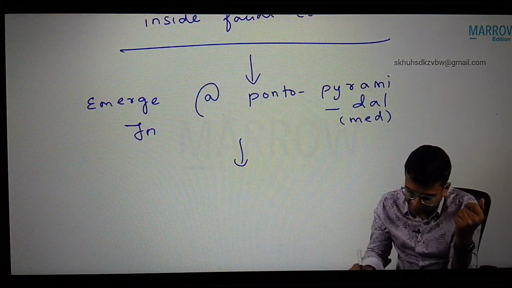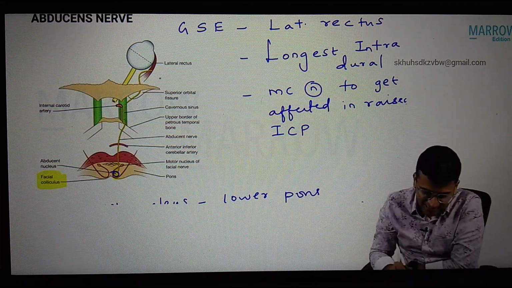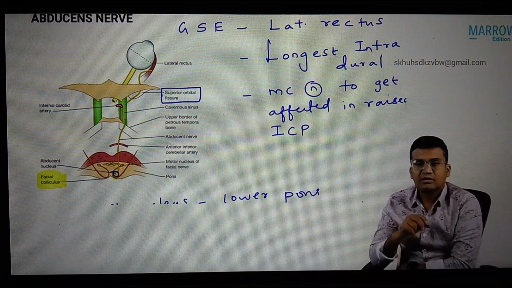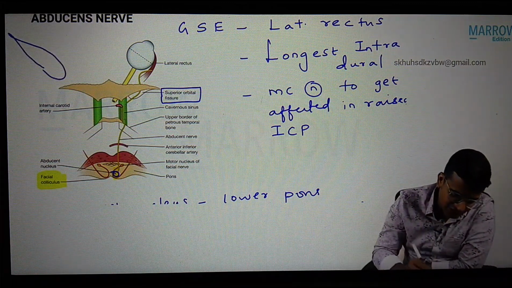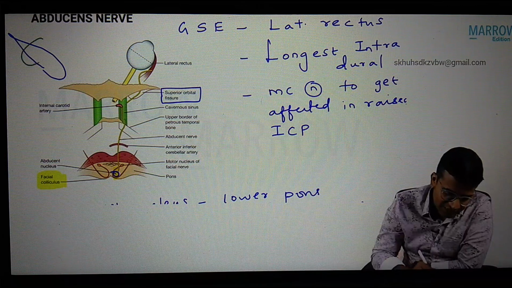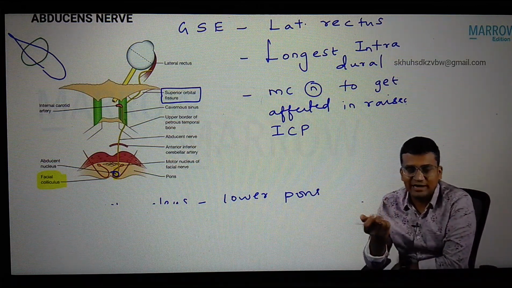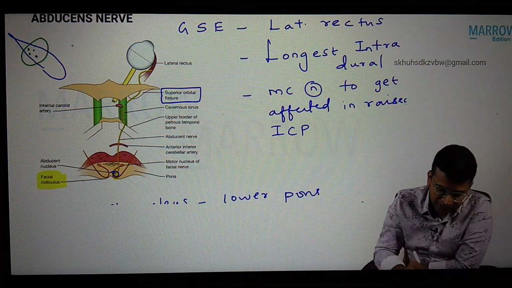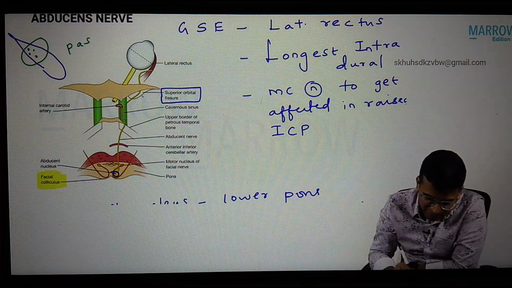Okay. And then it enters the orbit. From the cavernous sinus, it enters the orbit via the superior orbital fissure. This is the superior orbital fissure, and this is the common tendinous ring. Now, who is passing through the common tendinous ring? I told you, SONIA, S-O-N-I-A. So the abducent nerve passes through the common tendinous ring.